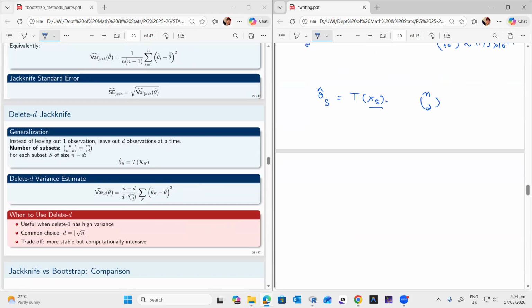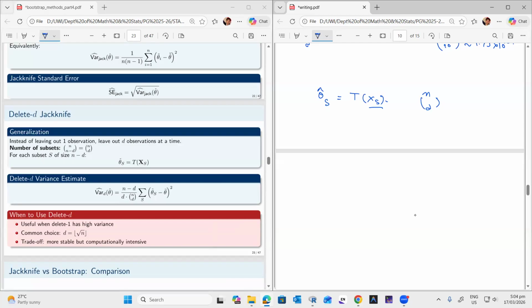So the variance of the delete-d estimates, that is, the variance of d theta cap, equals n minus d divided by d times nCd, summation over S, for whatever subsamples we have, of theta cap S minus theta bar, whole square. This is the variance estimator of the delete-d jackknife.